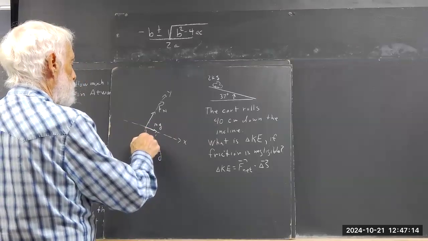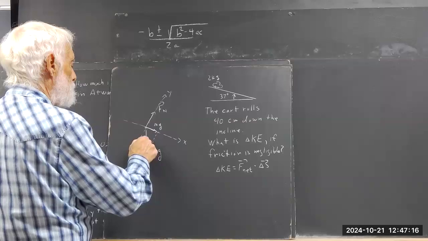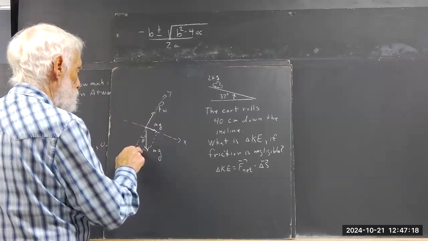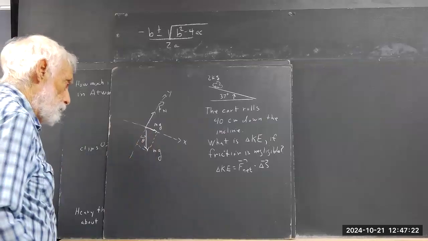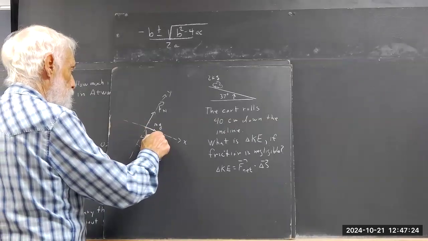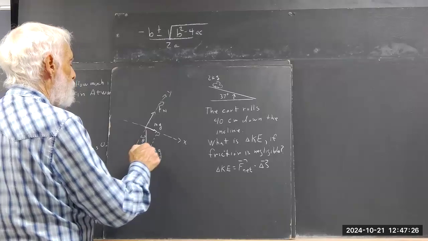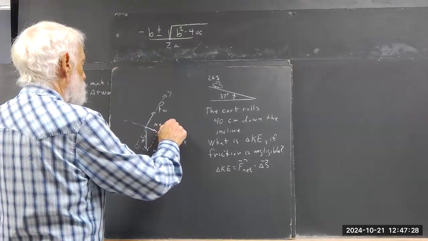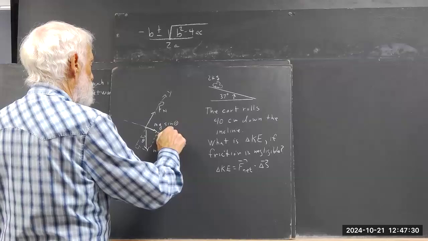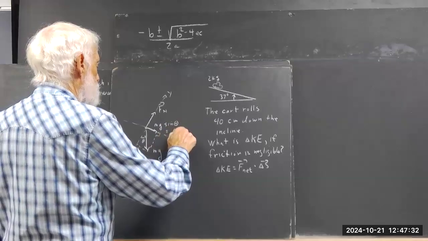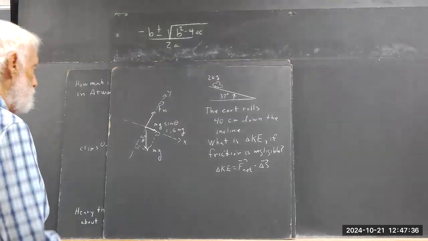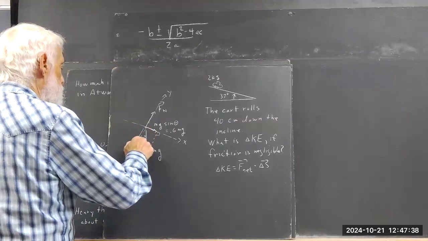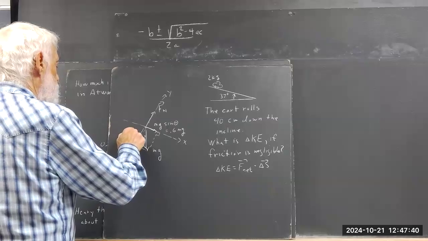Well, theta is right here, and this side is congruent with this side of this rectangle we get with the projection lines. You've got 0.6 mg there. Down here, you have 0.8 mg.